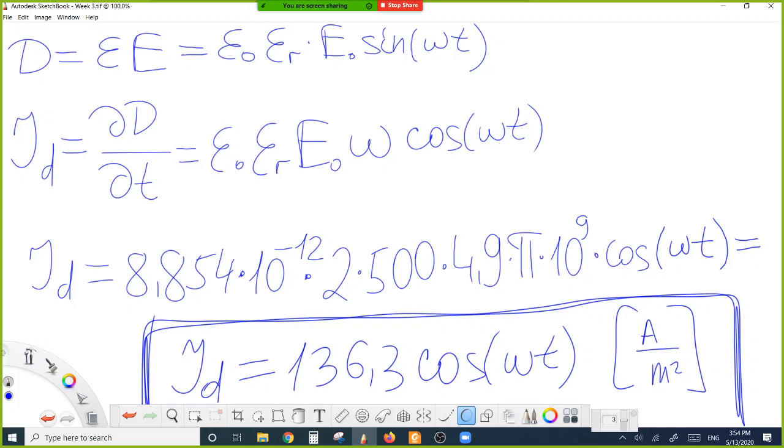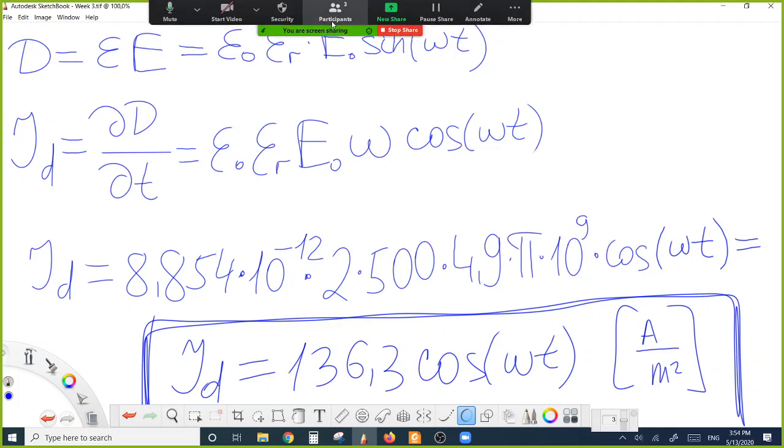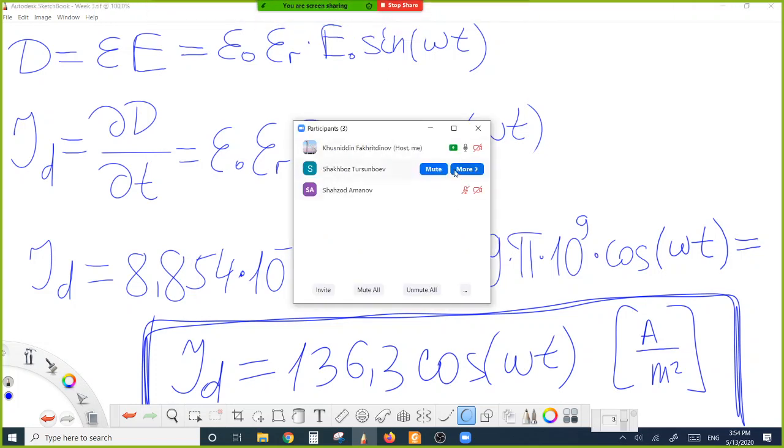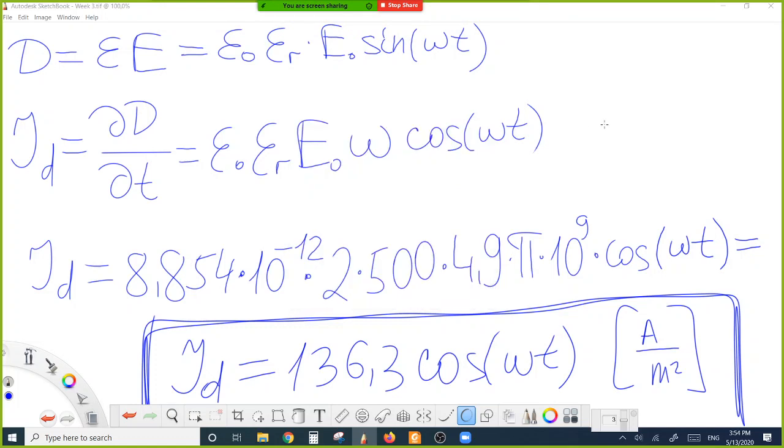However, this current density is responsible for heating objects which are placed inside the microwave oven.